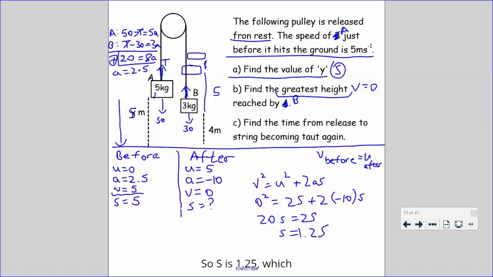So S is 1.25, which means the total height above the ground is 4 plus the 5 plus the 1.25. Add that up, that gives you 10.25 meters.